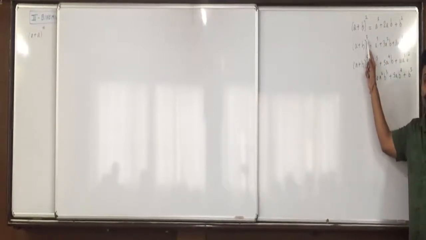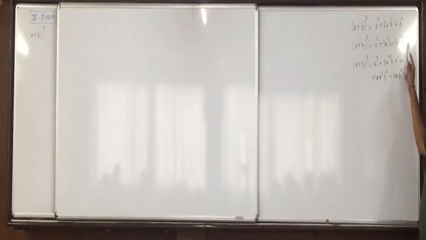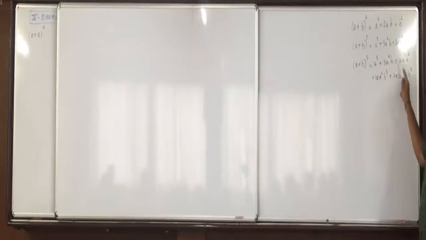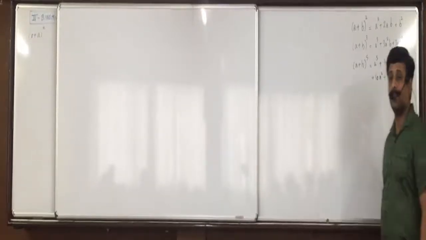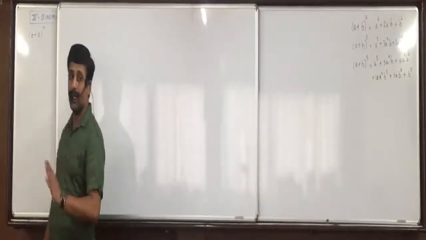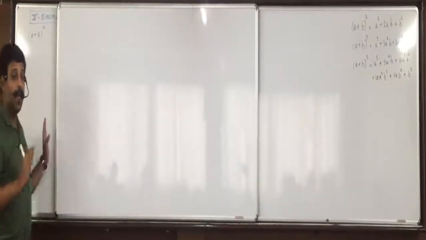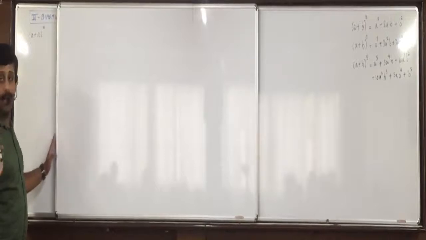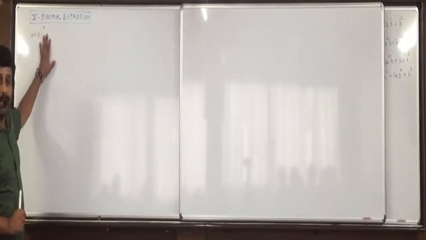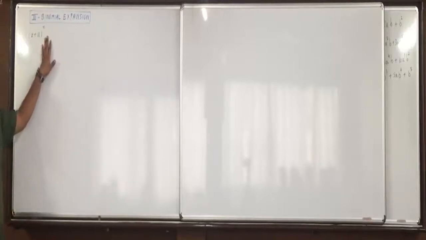If the power is 3, 4 terms are there. If the power is 5, 1, 2, 3, 4, 5, 6 terms. So in our answer we will always have n plus 1 terms. Did you understand this?